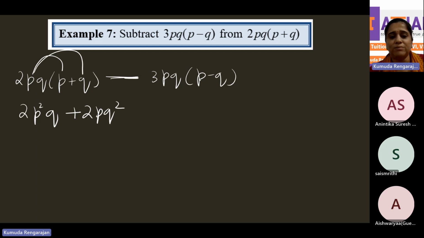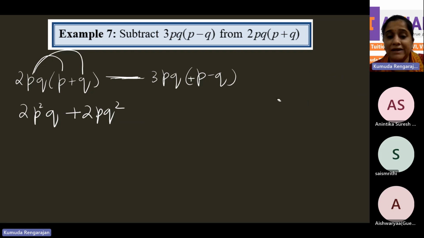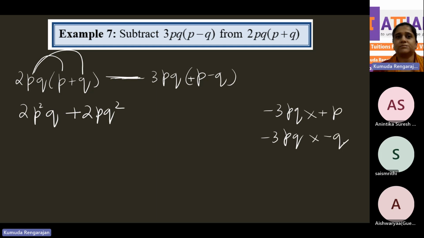Now minus into plus. See, this one is minus 3pq, children. Minus 3pq into p. Minus 3pq into minus q. Multiply the terms along with their signs. Don't forget the signs. In the second part, you need to multiply minus 3pq with the first term plus p and the second term minus q.